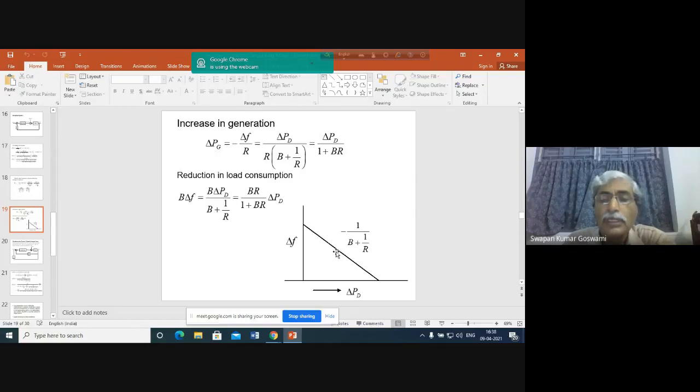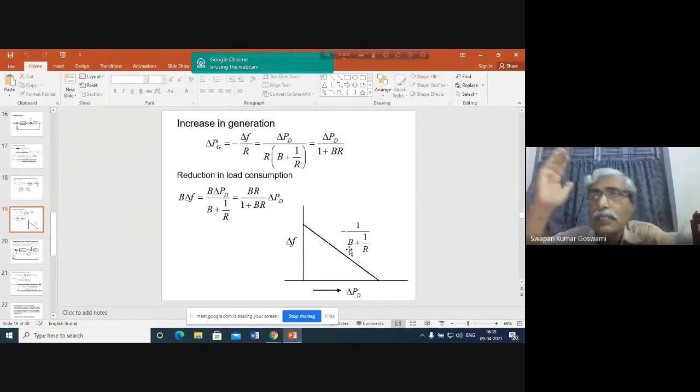Okay, now if the load is increased, somewhere it is here. So you see that according to these characteristics, this power will be delivered by the generator, but frequency will be somewhat less than the frequency that was there before the switch on of this load.